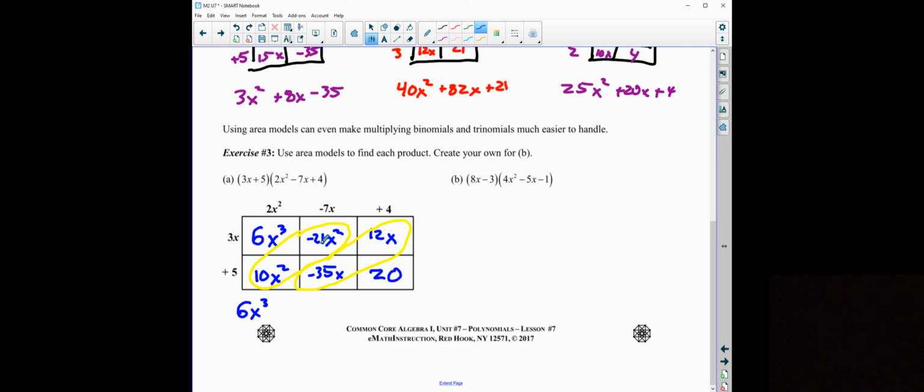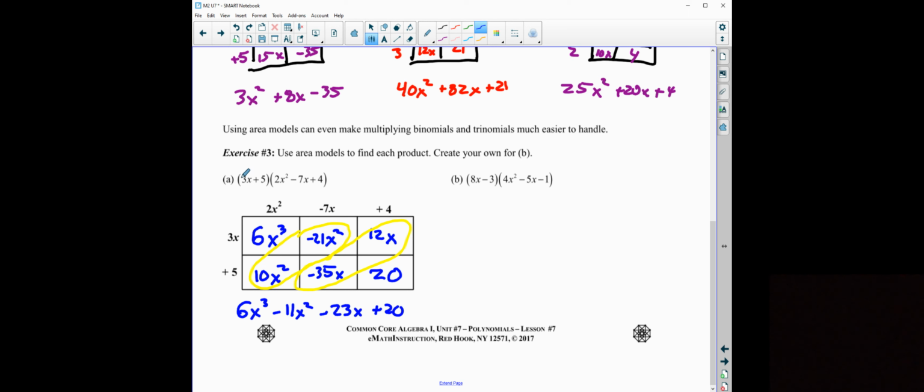It's a 10x squared and a negative 21x squared, which combines to negative 11x squared. Then I have a negative 35x and a 12x, so that'd be negative 23x. Plus 20. Perfect.